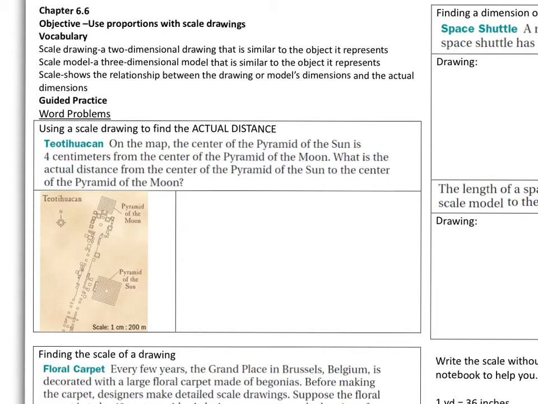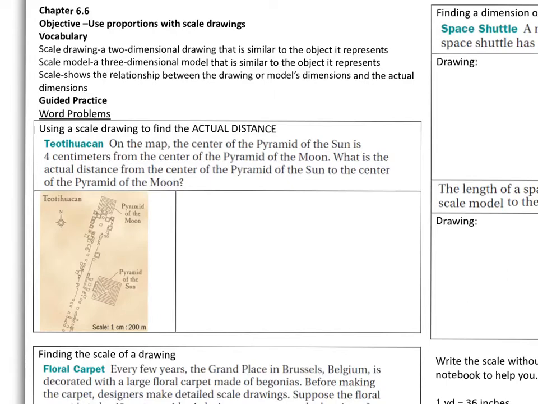6.6. Objective. Use proportions with scale drawings. For the vocabulary, you need to know scale drawing, which is just a two-dimensional drawing that is similar to the object it represents. And a scale model is just a three-dimensional model that is similar to the object it represents.